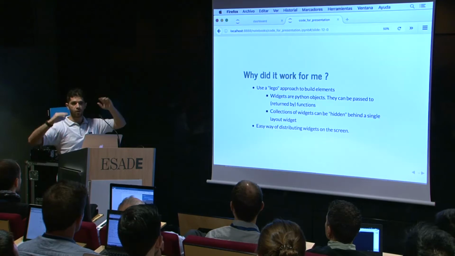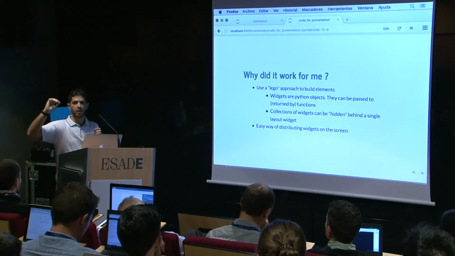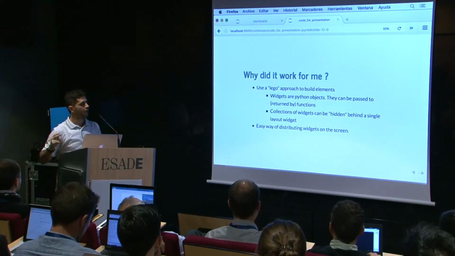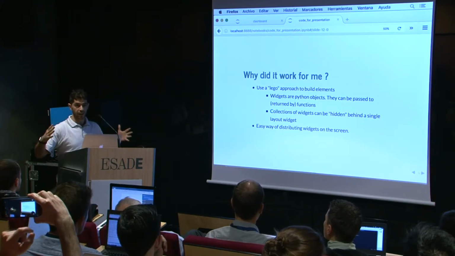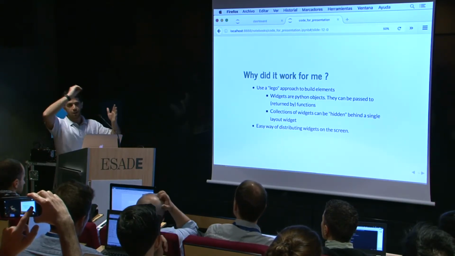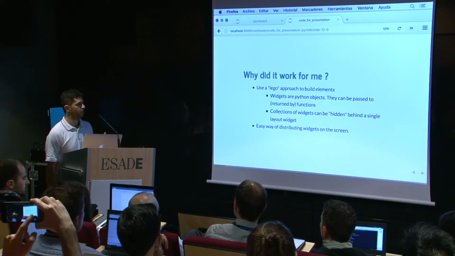I create within the function all the widgets that I need, in the order that I need them to be according to the input parameters. And then I return the parent layout object, and then I can use that in any other way. So it's a way of abstracting a lot of code, and it makes it very clean.